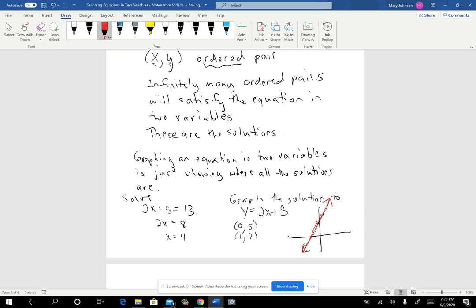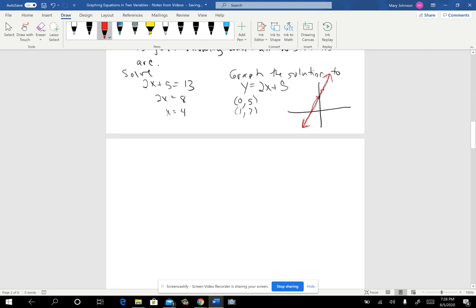Okay, so now a couple other basics you need to know. All right, you need to think about the coordinate plane for a moment. And if you haven't done this in a while, I just want to go over a little vocab. These are called the axes. Okay, this is the y-axis here. This is the x-axis.